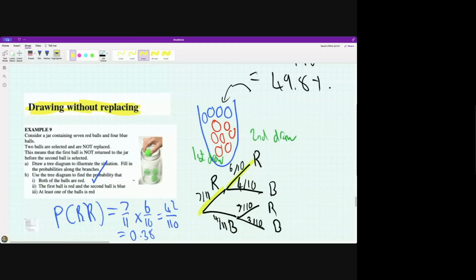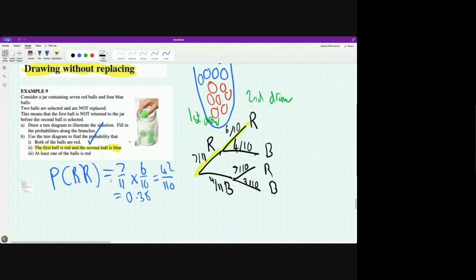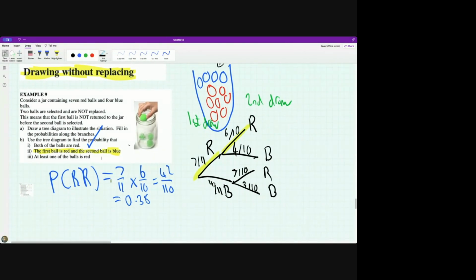Figure out the next one for me. What's the chance that the first ball is red and the second ball is blue? Please figure that one out for me. What's the probability of getting red and then blue?